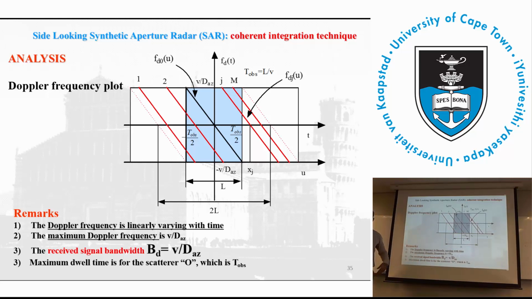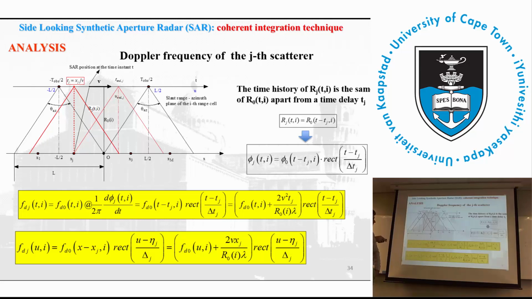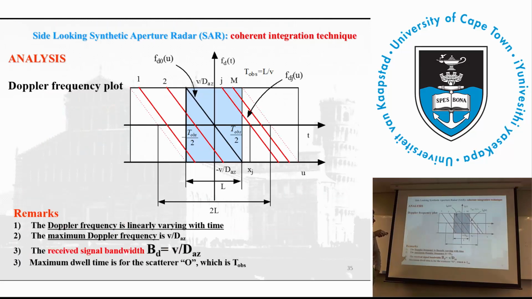But my acquisition window is only confined between minus t_ops divided by 2 and t_ops divided by 2, which means that the rest of the frequencies only exist within this area. So for example, the frequency that is generated by scatterer x2, which is sitting somewhere, the generic scatterer 2, would exist also here, but because the radar wasn't transmitting at this point, you don't see this.